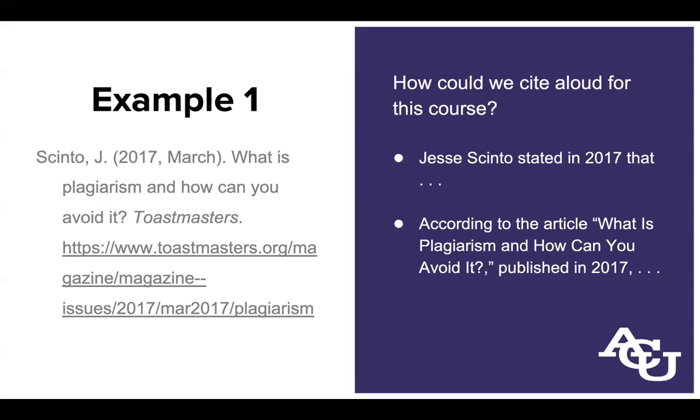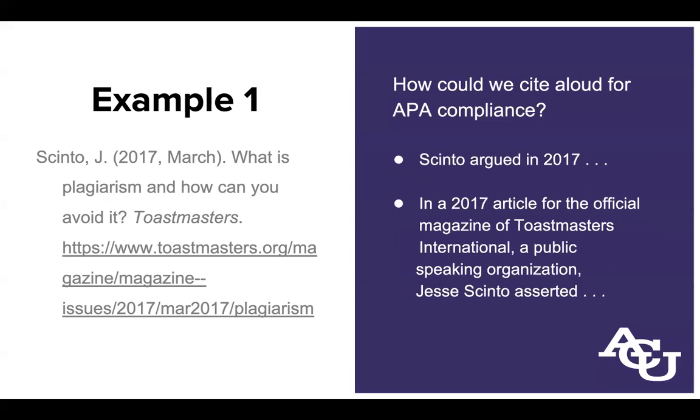Now, that's for this course where we're using the simple format of the author plus the date or the title plus the date. If we wanted to cite for an APA style presentation, we could use the author and the date. This would be if we are able to provide a reference somehow in a larger sense or another part of the presentation. Cento argued in 2017.